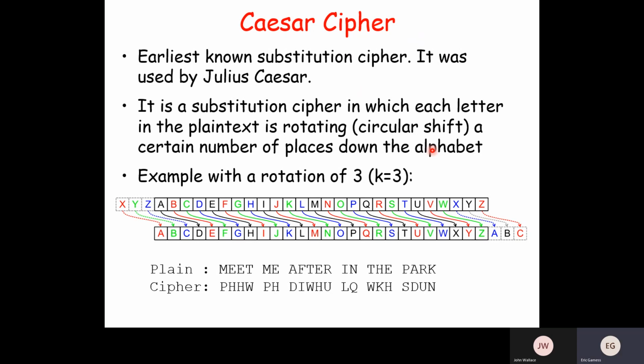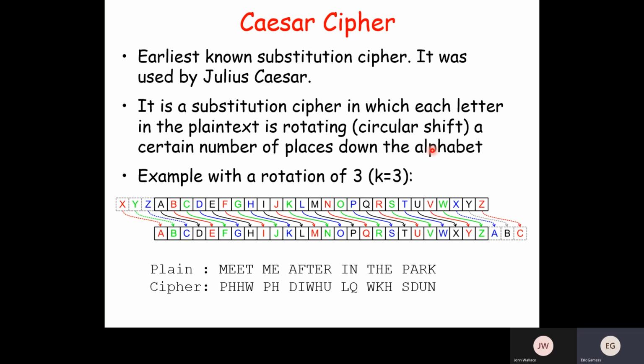So of course, at this time, we didn't have communication as we have today. He would just send somebody on a horse. Somebody would ride a horse with a message. And of course, sometimes the person would be captured by the enemy and the enemy would know the message. So he decided to create a way to encrypt the message.